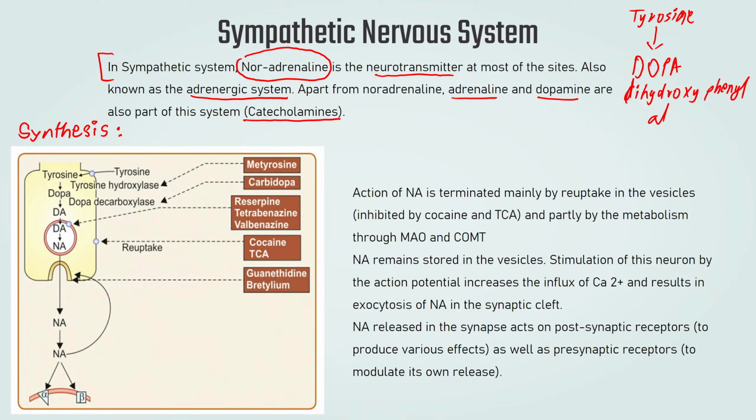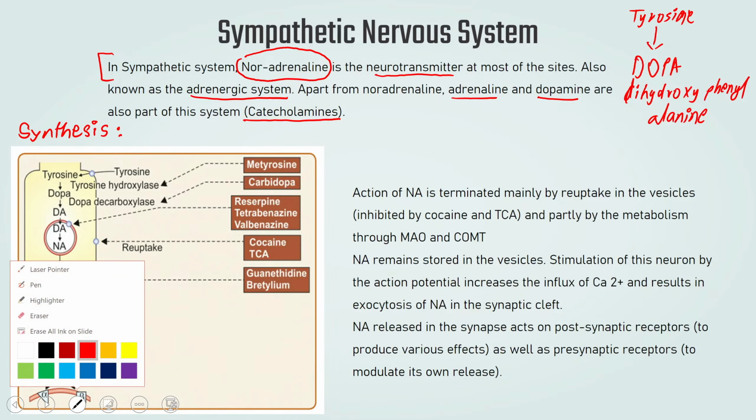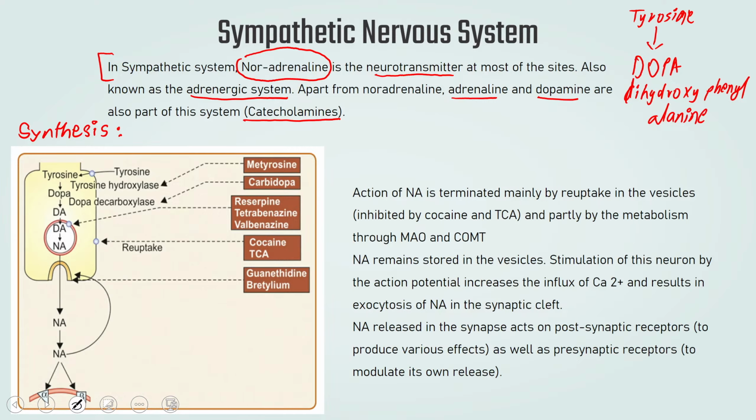So circulating tyrosine is transported to the neurons, where by the action of the enzyme, see here, look in the diagram. By the action of the enzyme tyrosine hydroxylase, tyrosine is converted into DOPA, which is dihydroxyphenylalanine.